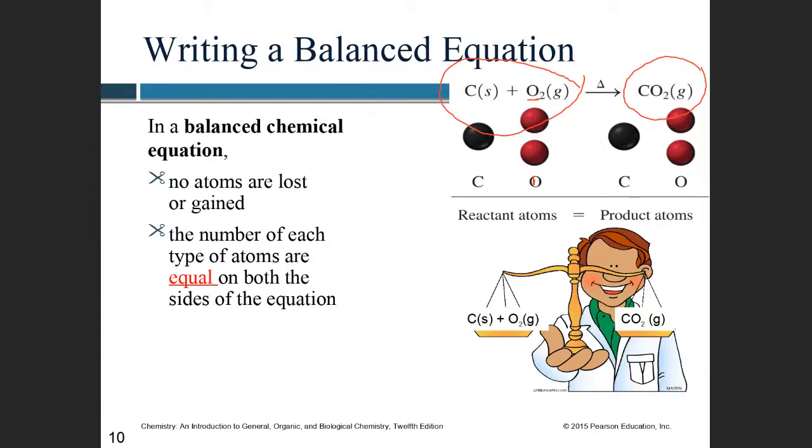On the reactant side the total number of atoms is 3, and on the product side it is also 3. So that is the meaning of a balanced equation. The total number of atoms of the reactants is equal to the total number of atoms of the products.